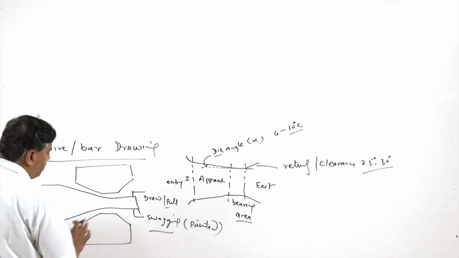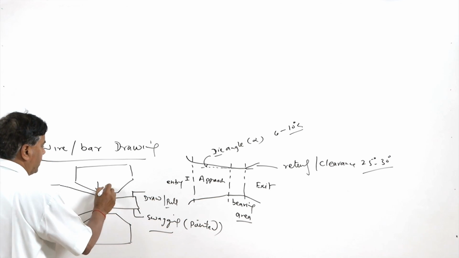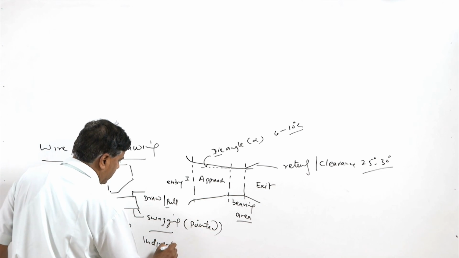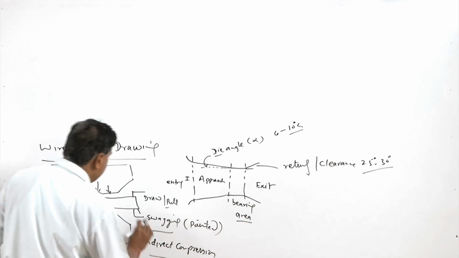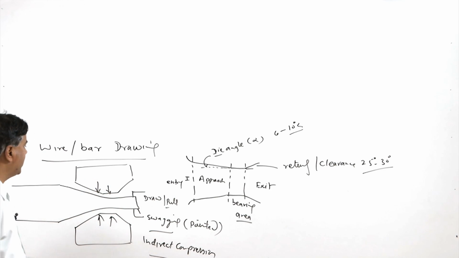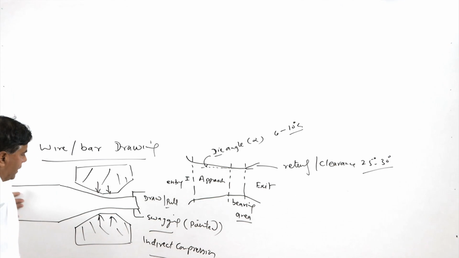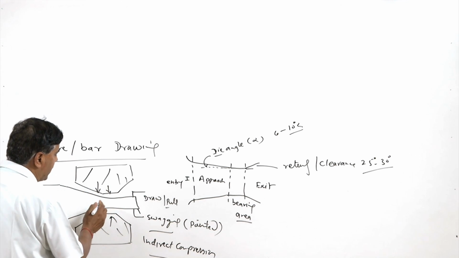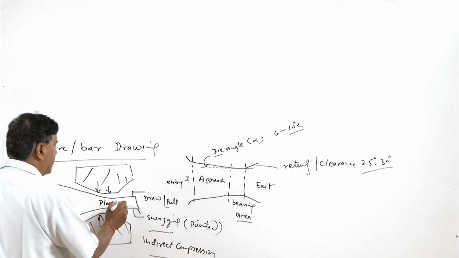When it is pulled, it leads to the application of indirect compression. We are pulling, but due to the geometrical shape of the die, the metal of the bar is subjected to indirect compression, and because of this indirect compression, plastic deformation takes place.